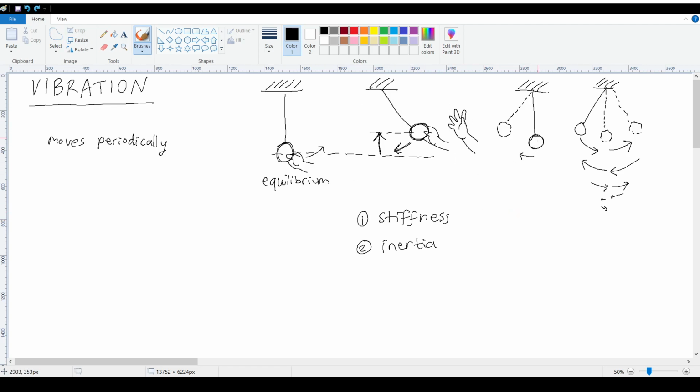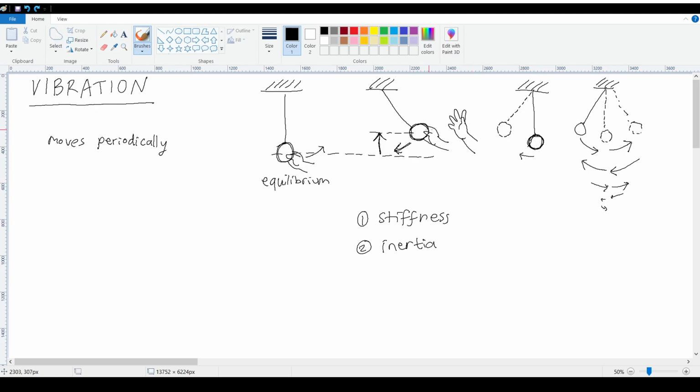But then, when it reaches the equilibrium position, the inertia works. Basically, inertia is when an object wants to stay in its condition. When it is stopping, it wants to keep stopping. When it is moving, it wants to keep moving.